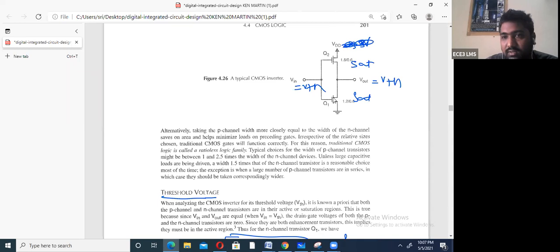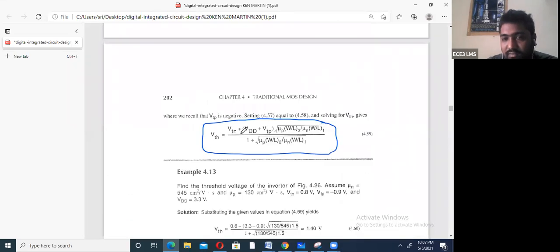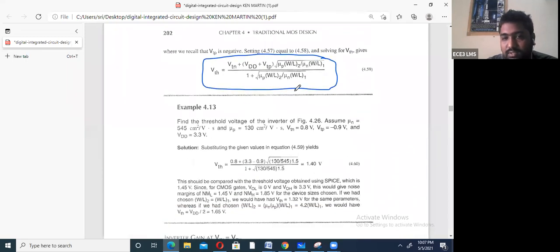They equate the saturation current of PMOS and the saturation current of NMOS, replacing VGS and VDS from the circuit diagram, substituting and equating. After equating, you will get like this, and this is the problem.